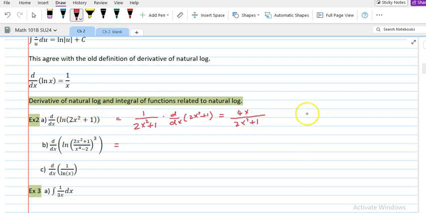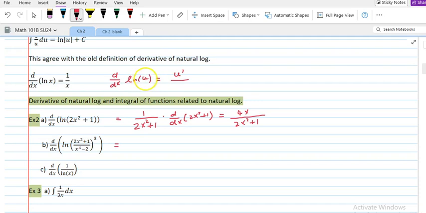So you can see, if this is not x, if I have ln u, and you do d dx of it, the chain rule allows us to say d dx of ln u is u prime over u.